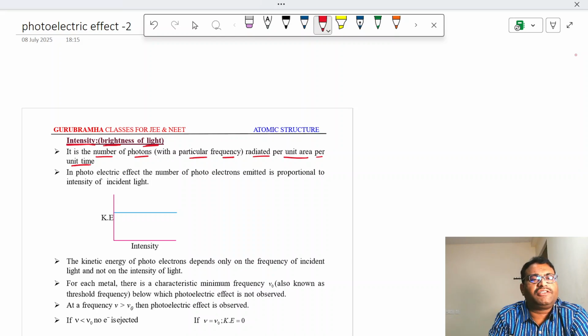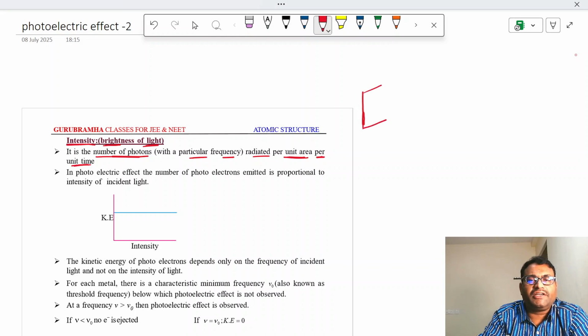In simple language, we can define intensity as number of photons having a particular frequency radiated from the light per unit area per unit time. That's called as what? Intensity. So let us try to understand how this intensity is being operated in photoelectric effect.